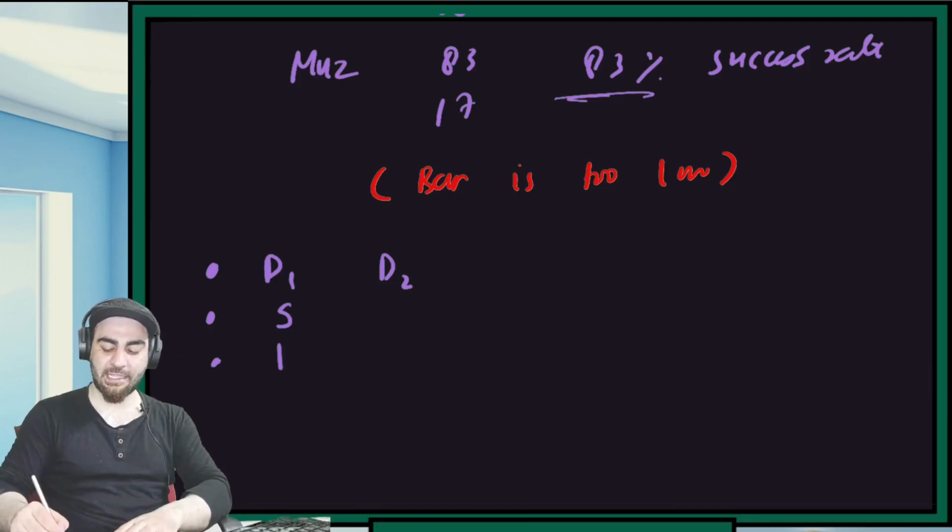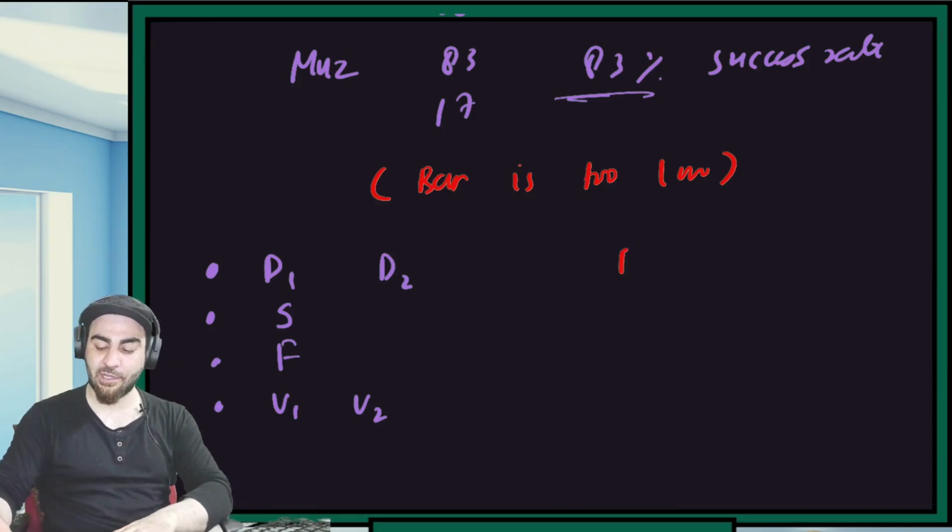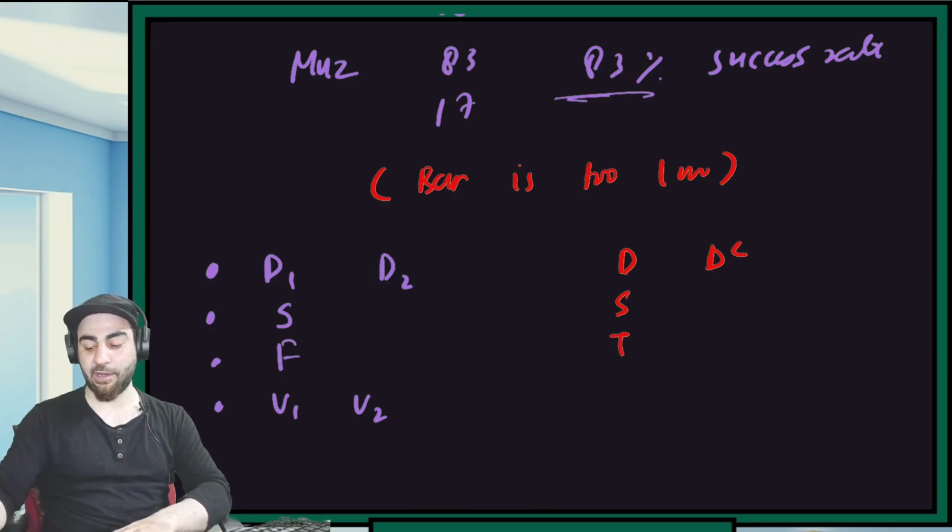So S is success and F is failure. Then we have surgery types V1 and V2. I could have done it with only three symbols: doctor, success, and type of surgery. The doctor complement: if this is Mahmood, the doctor complement will be Muzaffar. And if this is success, the surgery complement will be failure.